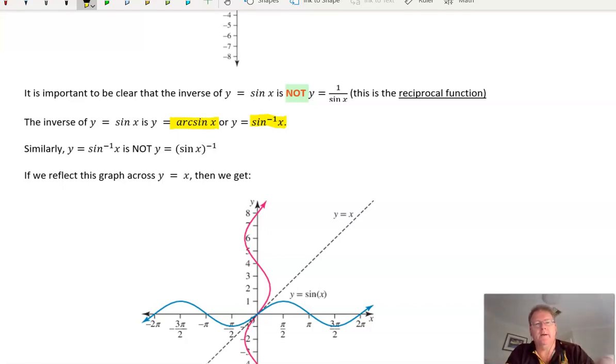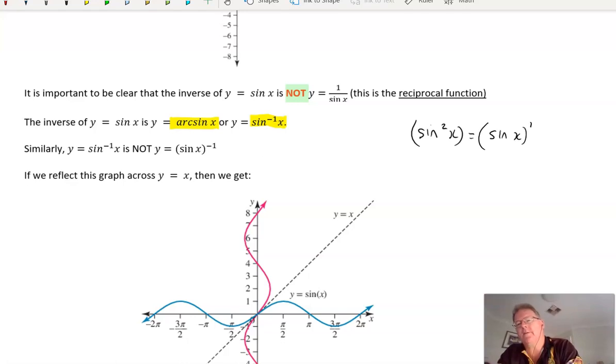Just another clarification. We've talked about the fact that, for example, sine squared x is the same as sine of x all squared. So we've had that before, and that's true. However, sine to the -1 of x is not sine of x to the -1.